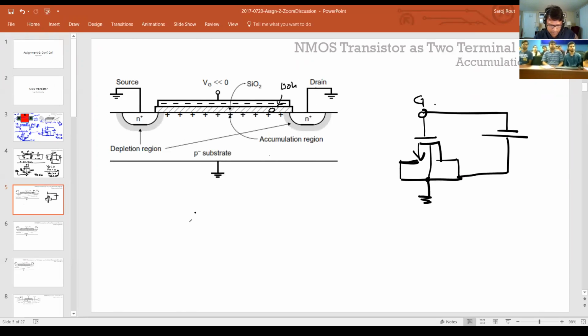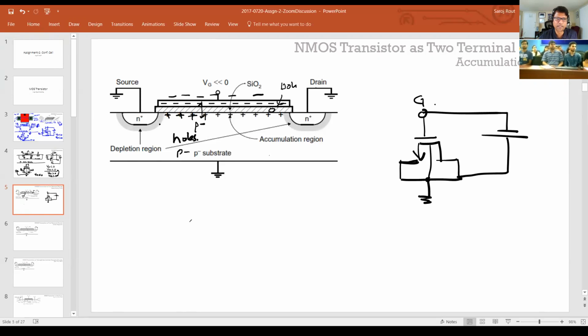If I put a negative supply here and look at the charge formed, this is a P-minus substrate, which means that the majority carriers here are holes. So if I start putting a negative voltage here, there will be more negative charges here, which will accumulate more positive charges here, which means this will make it more P-type. And if it makes it more P-type, basically you just look like a capacitor here.